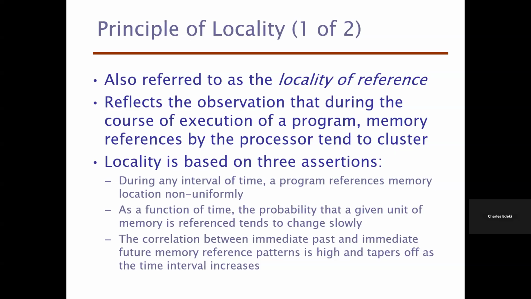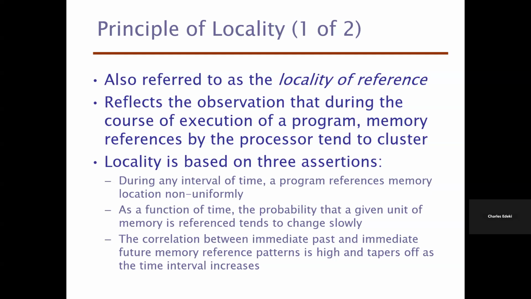Here we have two things to mention: temporal locality and spatial locality. In computer science, when we hear the word temporal, it goes with time. Spatial, of course, goes with space.